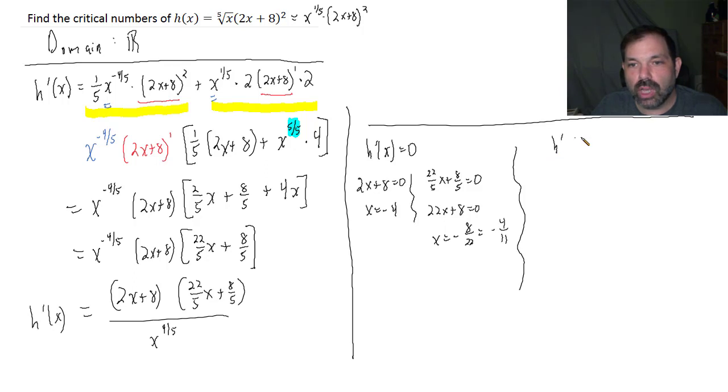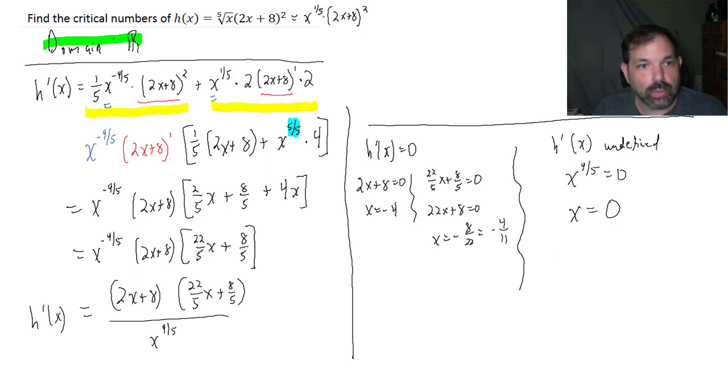Where is h prime of x undefined? It would be undefined if the denominator was equal to 0, and that happens if x to the 4/5 is 0, which implies that x is 0. Now, the domain of the function, remember, was all real numbers.